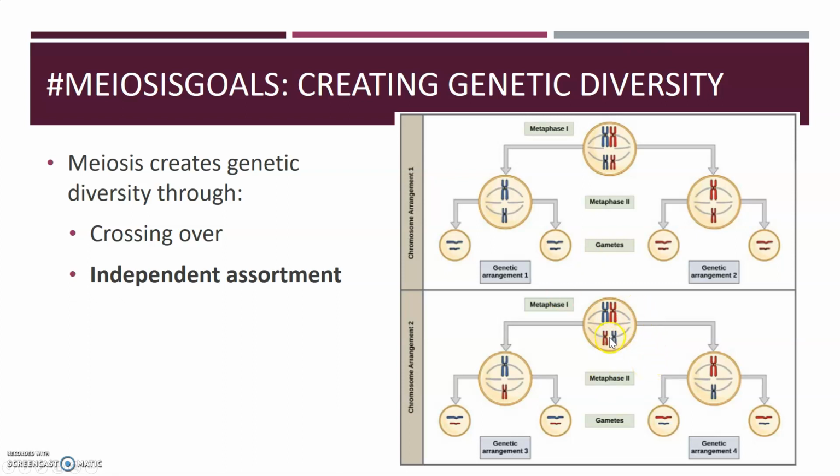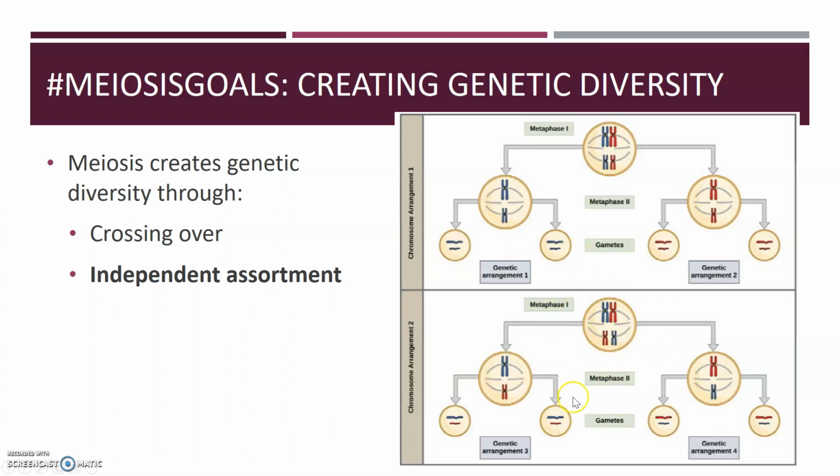And this idea of independent assortment, you can see, leads to different gametes in the end, right? So if you look at this first scenario here, the gametes generated on the right have completely red chromosomes, or say all maternal copies of the genes. And the chromosomes on the left have all blue chromosomes, right? All these gametes have just blue chromosomes, or just paternal DNA.